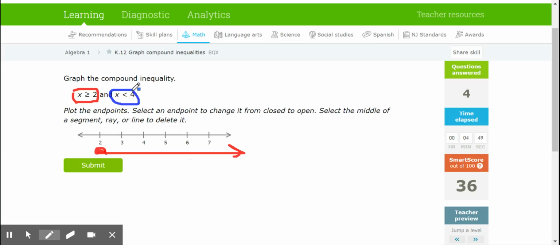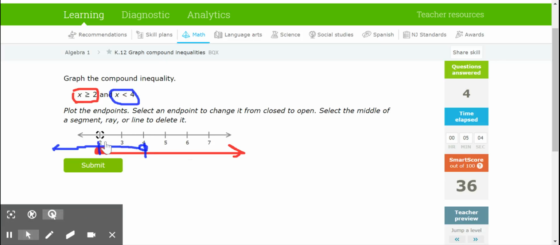X is less than 4, and that would be an open circle at 4 with a line extending to the left. The overlap occurs from 2 to 4, but does not include 4.